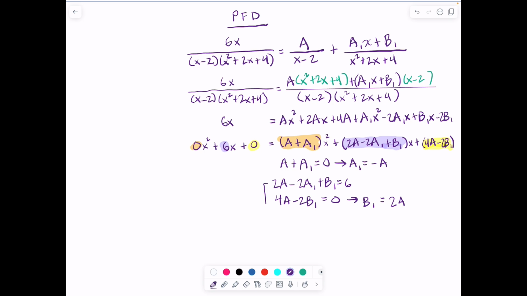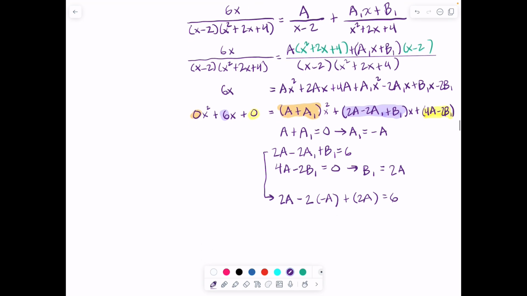And the beauty of this is we can substitute in these things and we'll have all of them in terms of A. So 2A minus 2 times a1, a1 was negative A, and then plus b1, and b1 was 2A, and that's equal to 6. So this is 2A, plus another 2A is 4A, plus another 2A is 6A. So we get 6A equals 6, so A is 1.